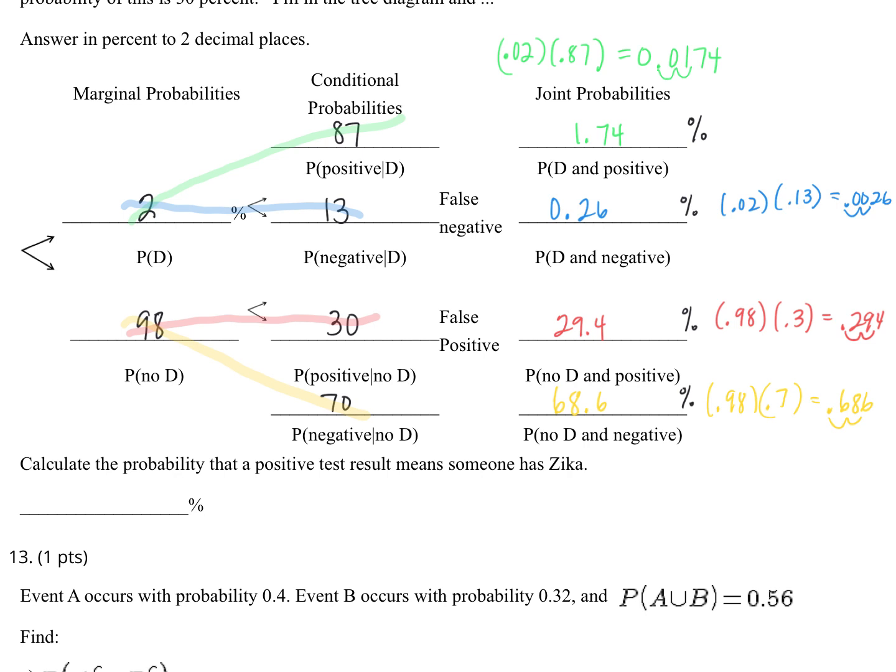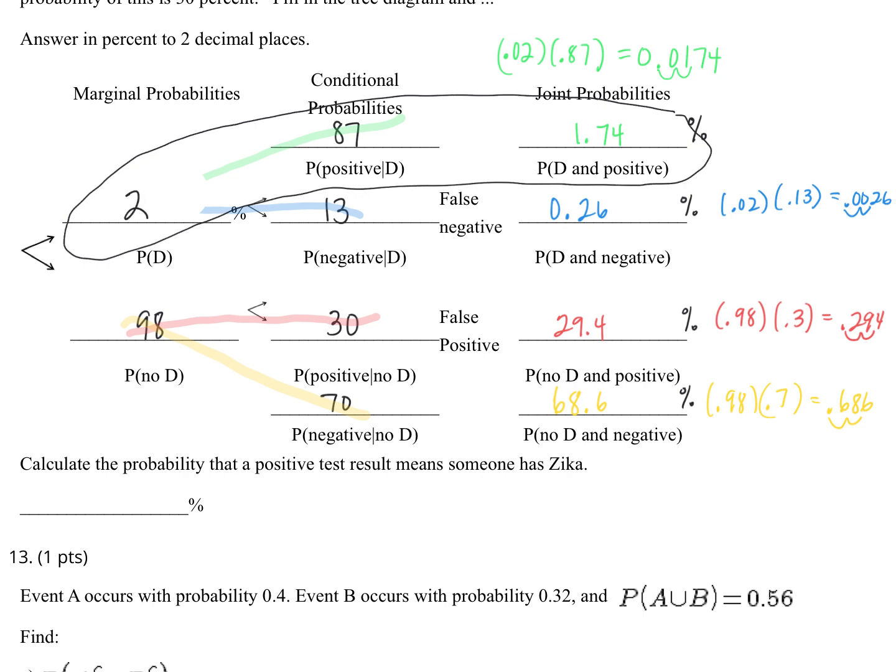Okay, I'm not going to be able to highlight, but let me just circle. One case is that they have the disease and they get a positive test.